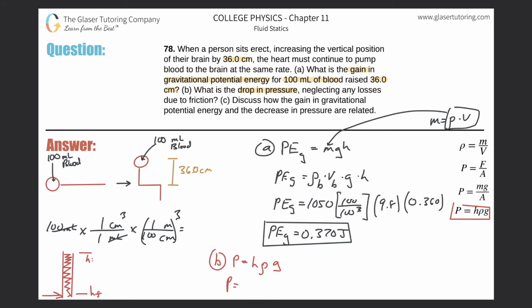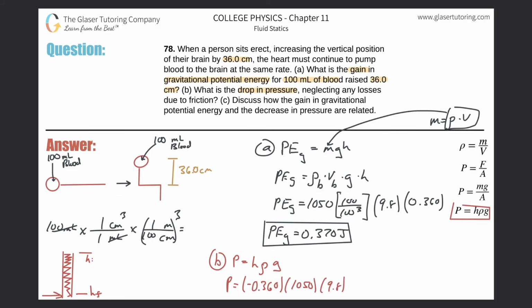So here we have the height. It is negative 0.360 multiplied by the density of blood, the same value, 1050, multiplied by gravity of 9.8.